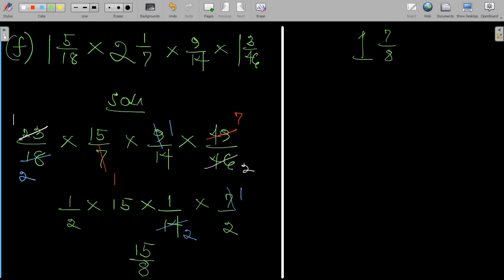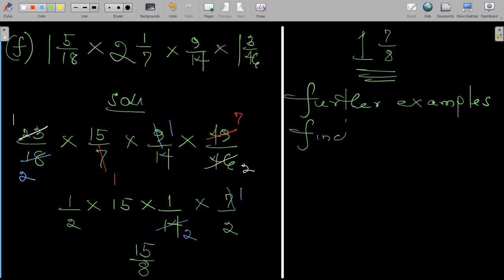Now let's take a division question this time around. So let me just write further examples. So further examples, but these examples here are based on division. So let's go. So if you're asked to find, let me see A, 5 all over 4 to divide 2 over 3.